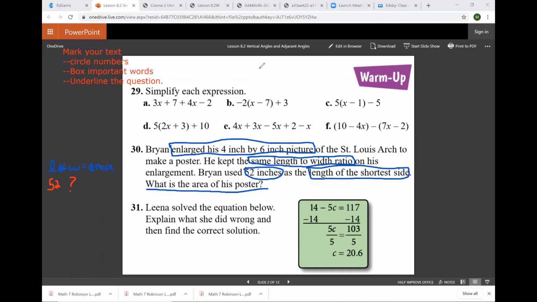We don't need to guess that. We don't need to think that they're going to trick us. So let's write that out. 4 to 6 equals, okay, and we said the 4 inches goes with the length, and the 6 inches is going to go with the width. Okay, and they gave us this. So let's put that down here.